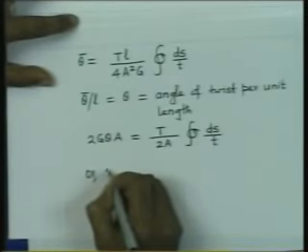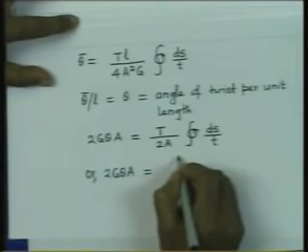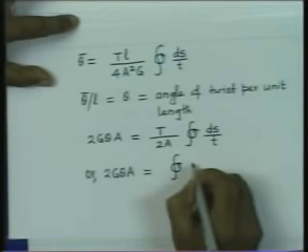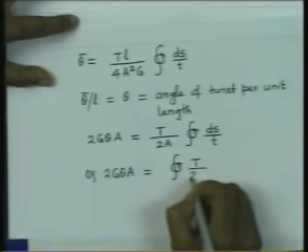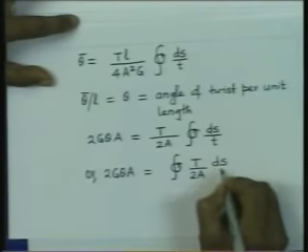We can write this again as twice G theta into A equal to the integration of T by 2A ds by T.